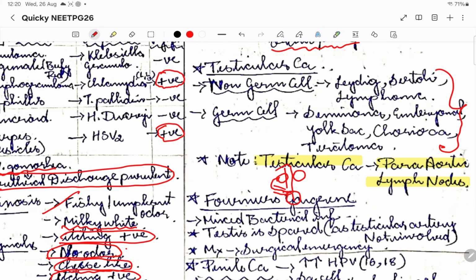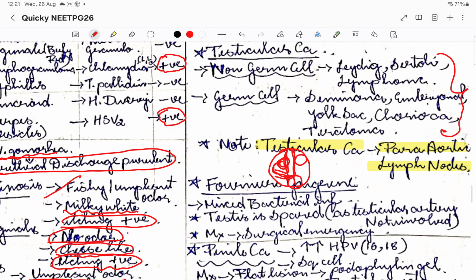That is why the lymphatic drainage is to the para-aortic lymph nodes. Please remember, it is not the inguinal lymph nodes. You will think that the testicle is here, so probably it drains to the inguinal lymph nodes. No, it is the para-aortic lymph nodes that testicular carcinoma will drain into.